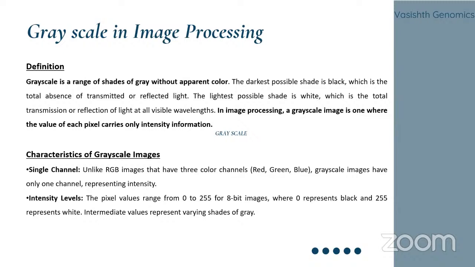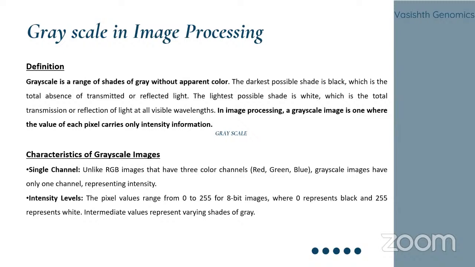The darkest possible shade is black, which is the total absence of transmitted or reflected light. The lightest possible shade is white, which is the total transmission or reflection of light at all visible wavelengths. In image processing, a grayscale image is one where the value of each pixel carries only intensity information.